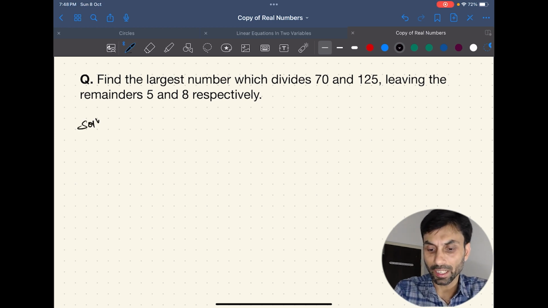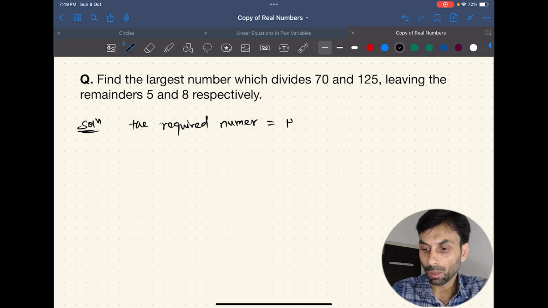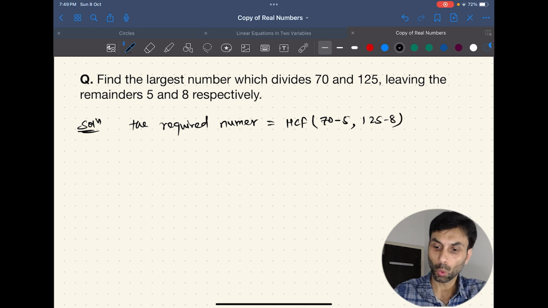So what we can say here is, in this case, the required number will be the HCF of 70 minus 5 and 125 minus 8, which will be HCF of 65 and 117.